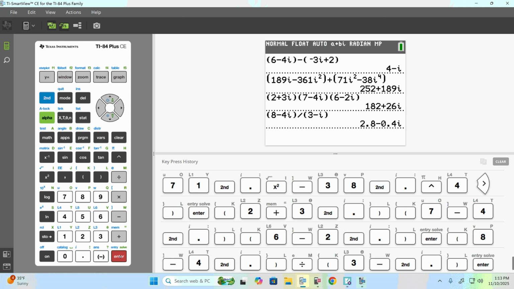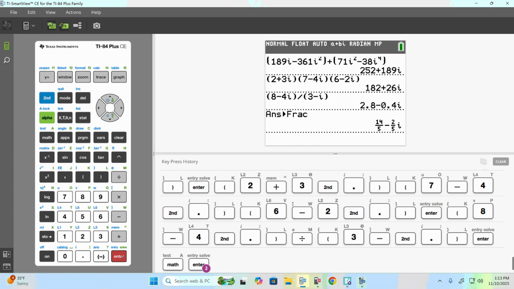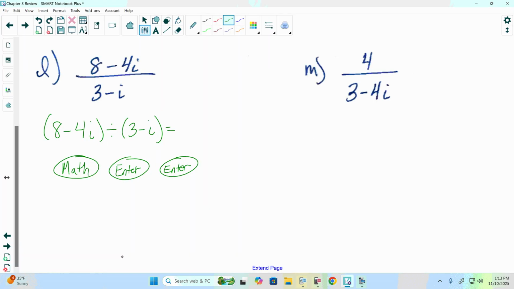So we type numerator divided by the denominator. When we hit math, enter, enter, math brings up that list, and the first one in that list is fraction. So we hit enter to select it, and we hit enter again to tell it, yes, take the previous answer and turn it into fractional form. 14 fifths minus 2 fifths i is our answer.